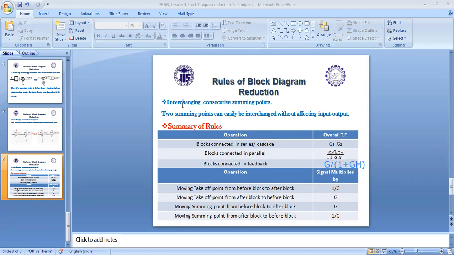Summary of the rules: if blocks are connected in series or cascade, then the overall transfer function will be G1 into G2. That means if two blocks G1 and G2 are connected in series, then the overall transfer function will be G1 into G2.